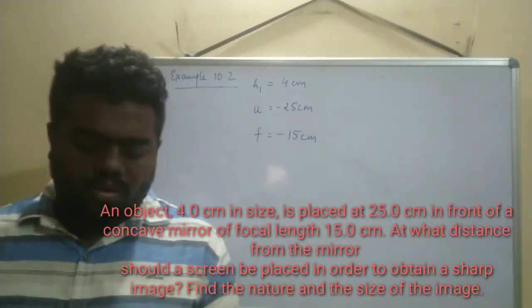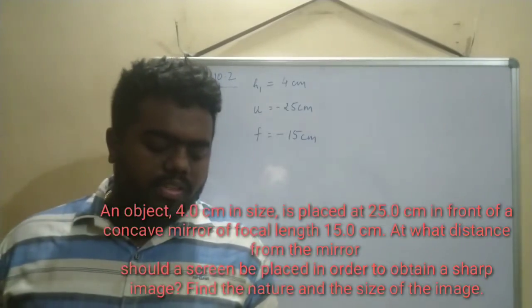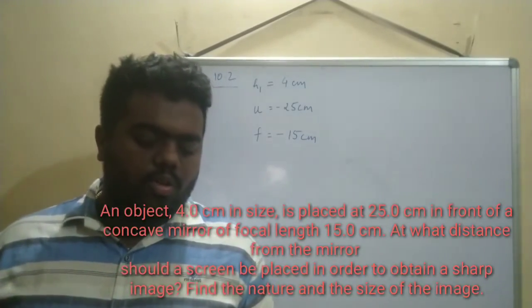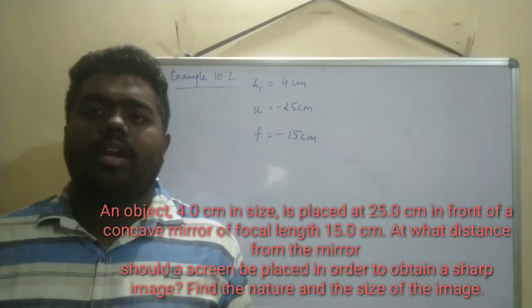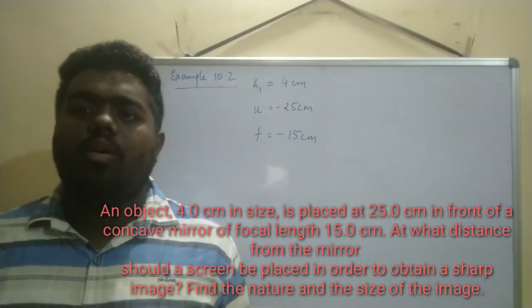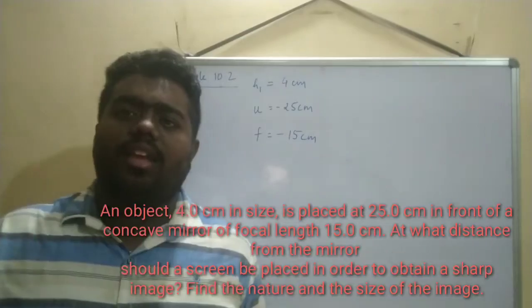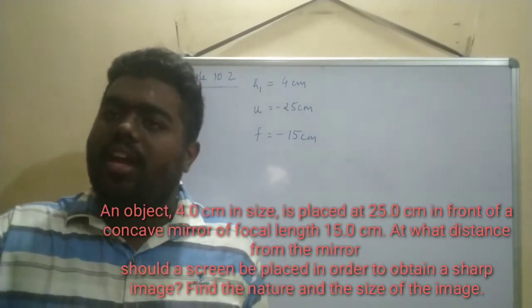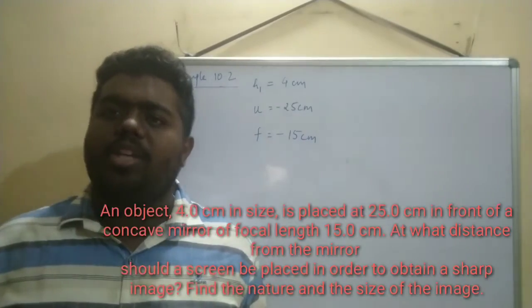Now, at what distance from the mirror should a screen be placed in order to obtain a sharp image? We need to get a sharp image, so at what distance do we need to keep the screen? The screen is placed so that the image is formed on the screen. The work of the screen is to form the image there.